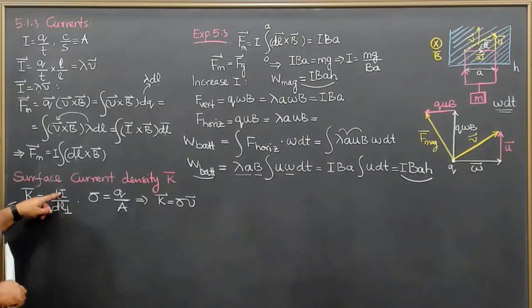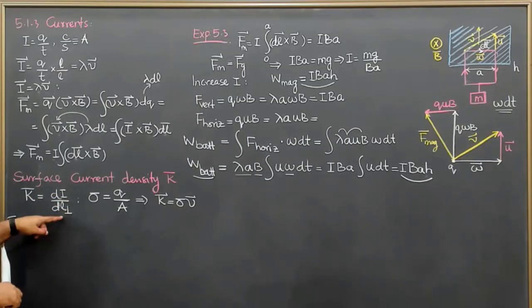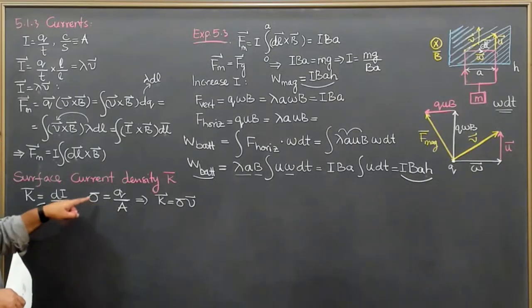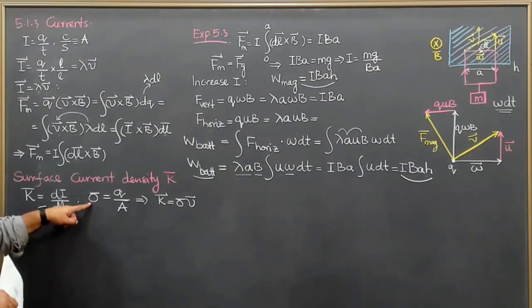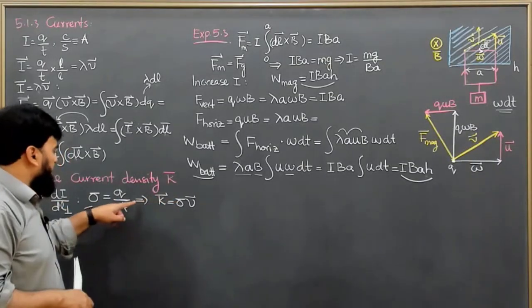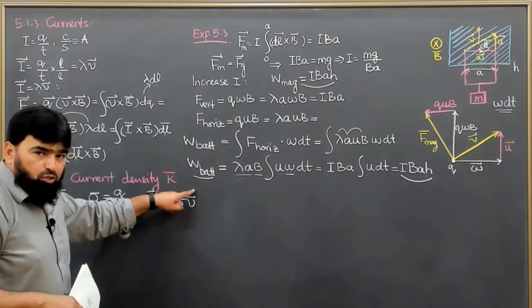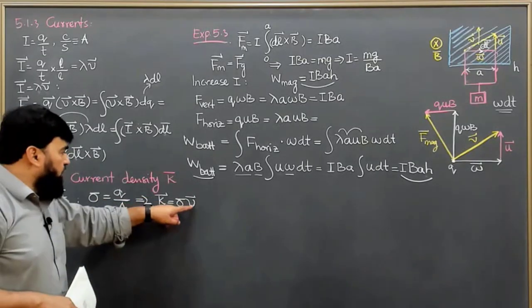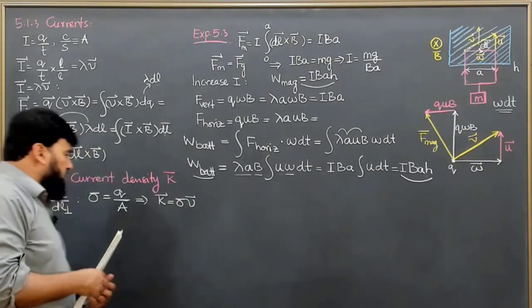If I write this charge current as Q over T, and then I multiply with area over area, then Q over area I will call sigma, and the length over time, which will remain time here, that will make its velocity v.